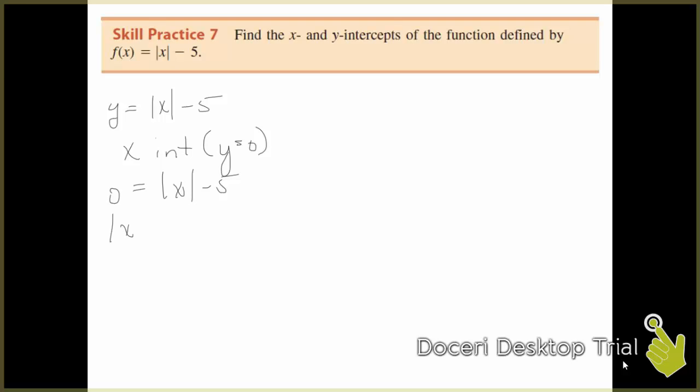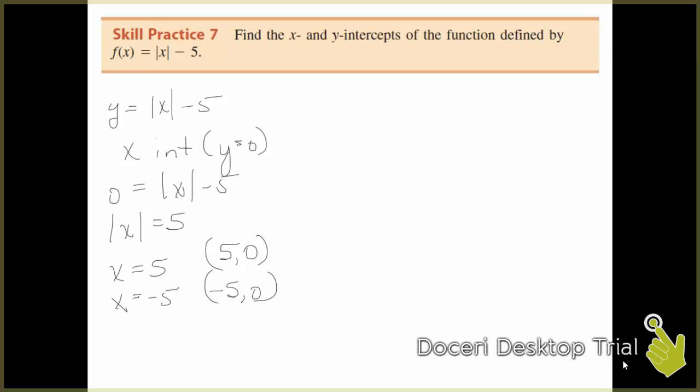So the absolute value of x equals 5. And remember, with absolute values, you set up two equations, one positive, one negative. So x is equal to 5 and x is equal to negative 5, which are the points (5, 0) and (-5, 0). Okay, so that's that one.